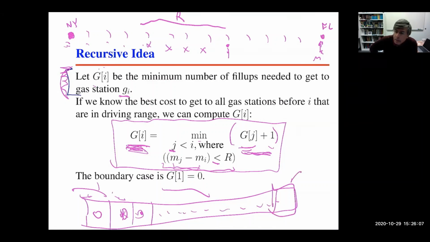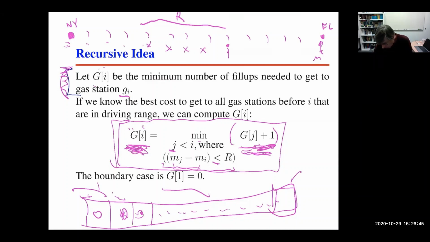That is the idea. Why do we have the +1? That's a good question. Well, this is telling me where my last stop was. This recurrence relation is saying the cheapest way to end up at gas station I is one more fill-up than it took to get to my previous gas station J. So if I'm going to stop at station I, I have to pay the cost of the stop.